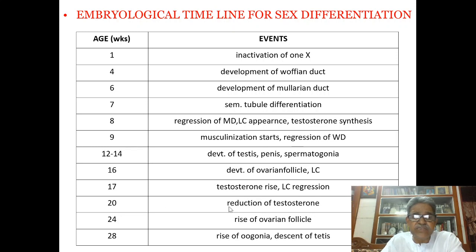At the 20th week, reduction of testosterone occurs. At the 24th week, the rise of ovarian follicles, and at the 28th week, the rise of oogonia and descent of the testes. This is the scenario of different events regarding reproductive development in the male and female fetus.